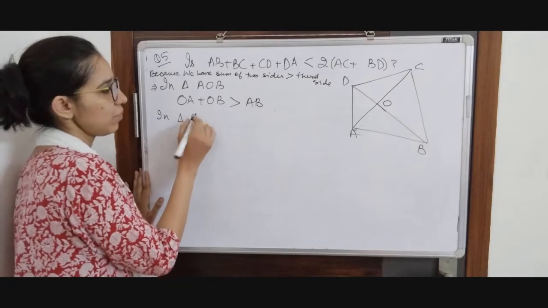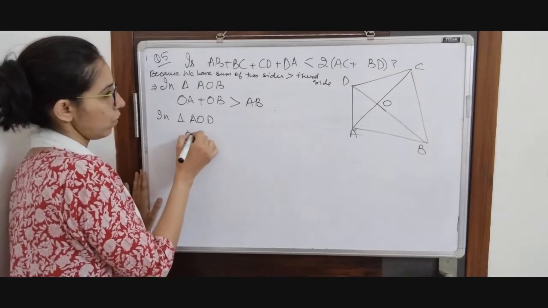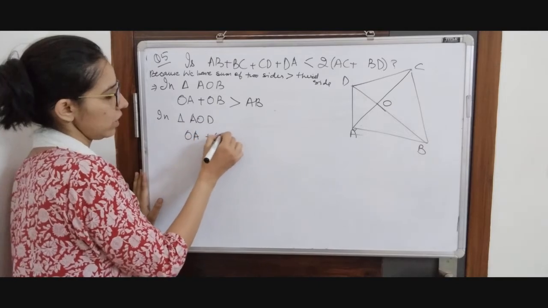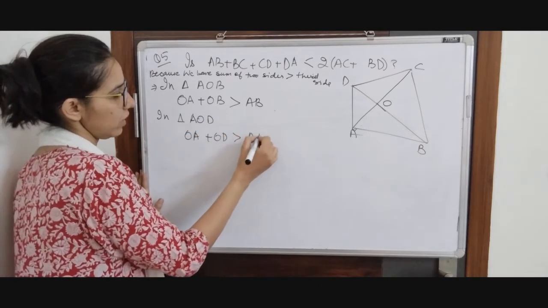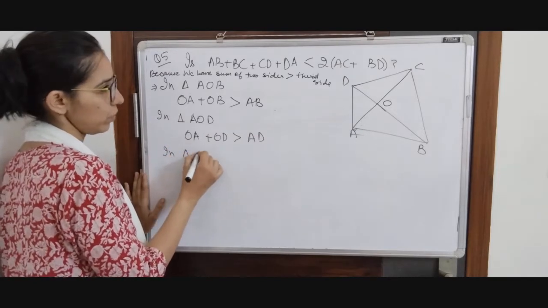Again in triangle AOD, OA plus OD is greater than AD. Correct. Again the third triangle is going to be BOC.